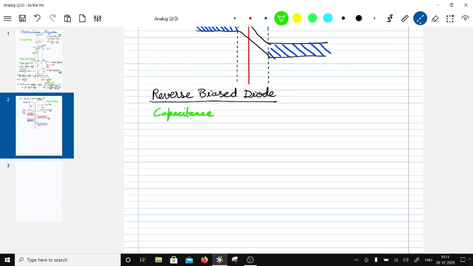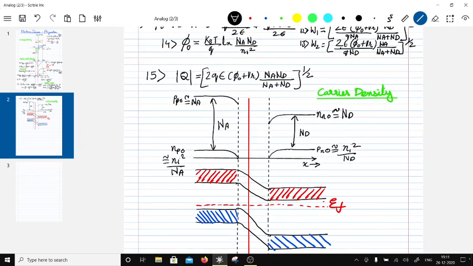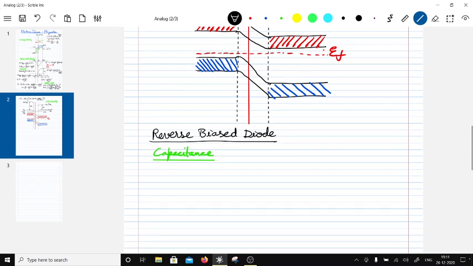To get the capacitance, all you have to do is take the charge equation, which is over here, 15, and differentiate this with respect to VR, right? So I am going to get Cj is dou Q by dou VR.